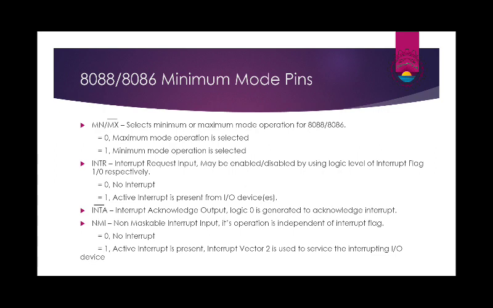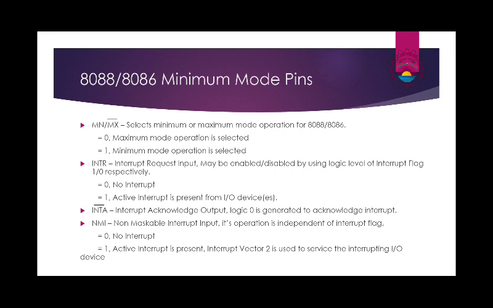In minimum mode operation, you will be having a single processor, that is microprocessor, and in maximum mode, you will be having more than one processors. In addition to the microprocessor, you will be having some coprocessor attached in your system. So if you apply logic 1 at minimum maximum pin, you are working with minimum mode. Or otherwise, if you have connected this pin with ground, then you have selected maximum mode operation.